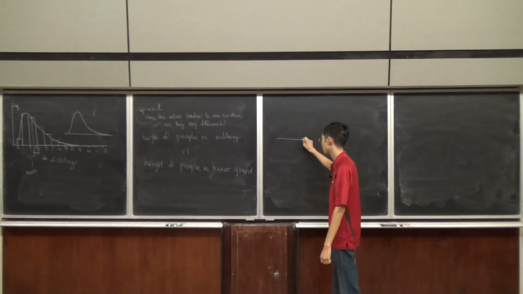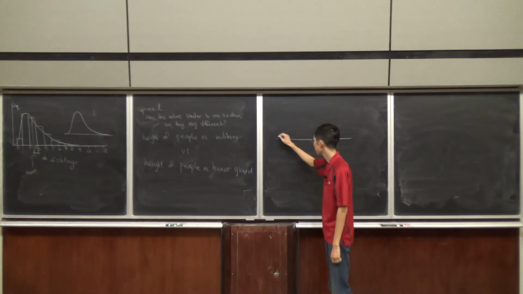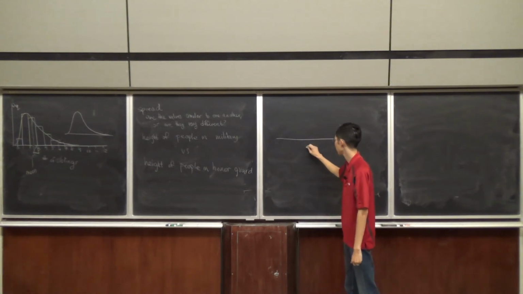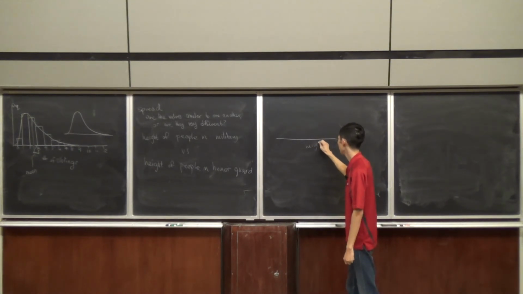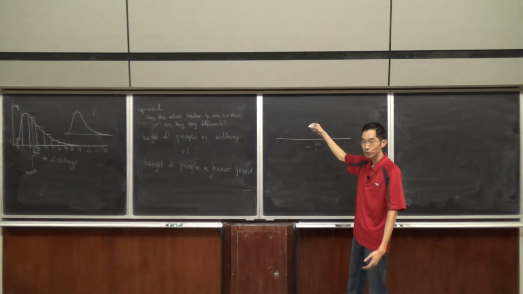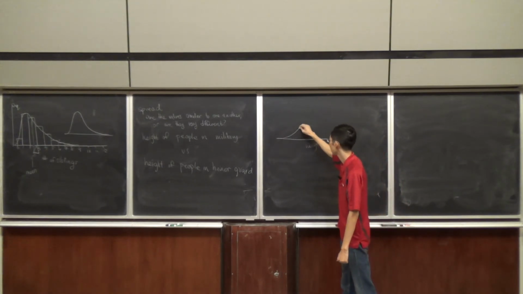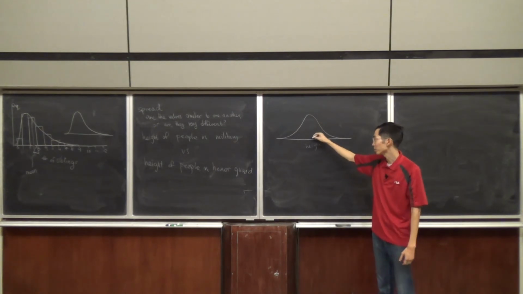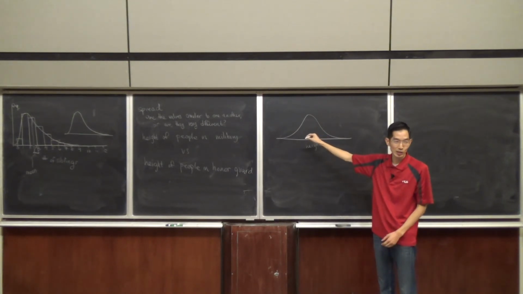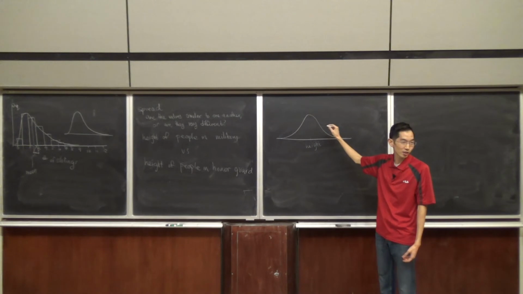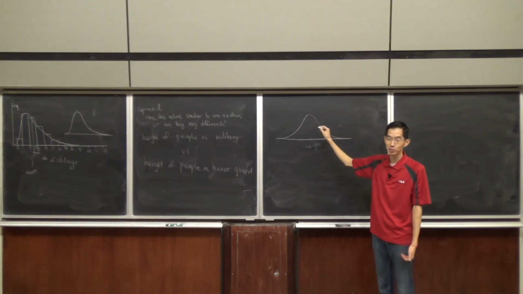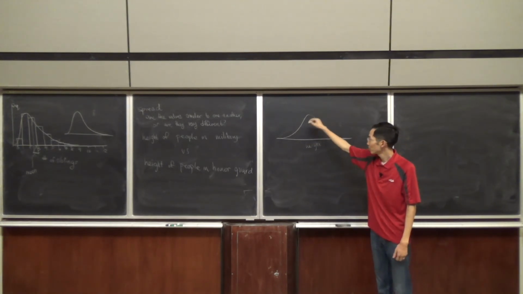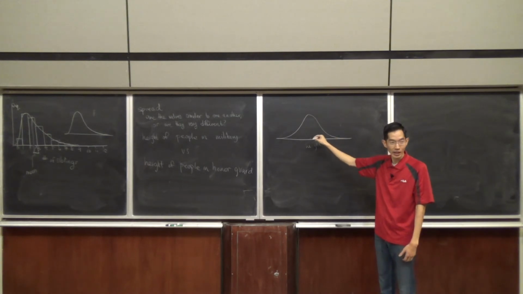For the height of people in the military, my horizontal axis would be different heights and the vertical axis would be frequency, or how common. I would say it would look something like this, with people of average height being the most common. Some people are taller, some are shorter, but most people are close to average height.